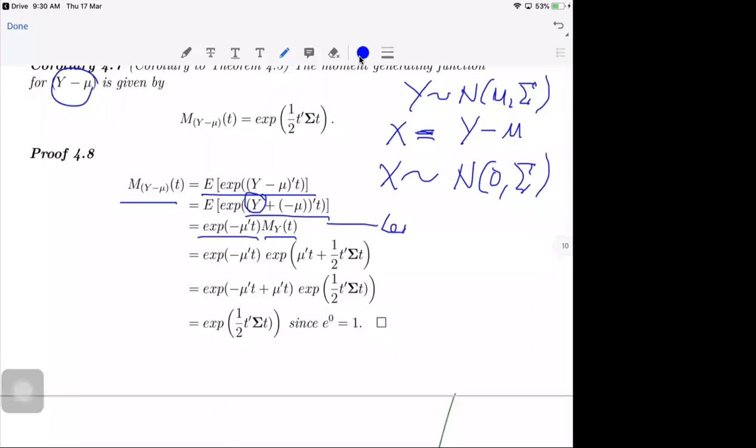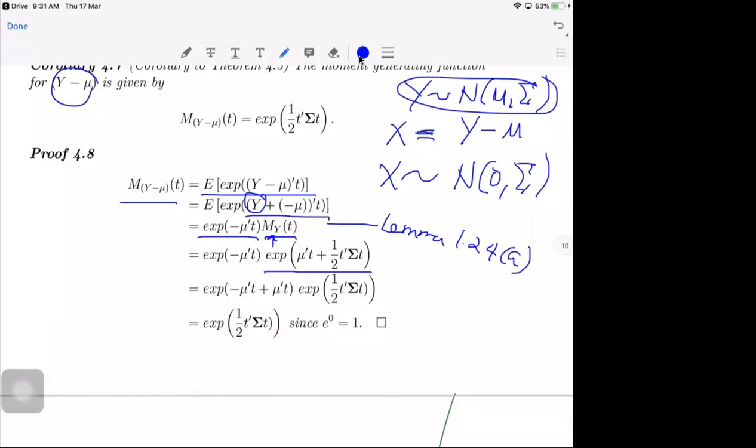This uses lemma 1.24a again, the property of moment generating function when transformed as a linear combination. But y here is normal with mean mu and variance sigma. So the moment generating function of a normal distribution is given by that: the exponential of mu prime t plus 1/2 t prime sigma t.